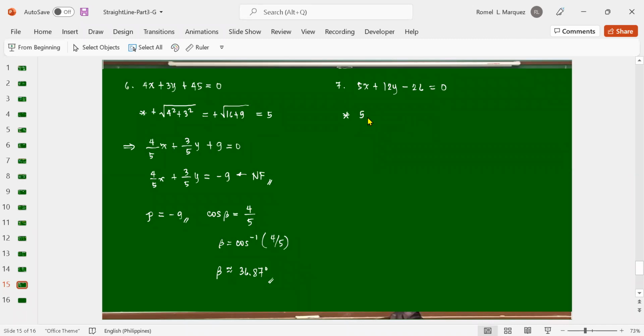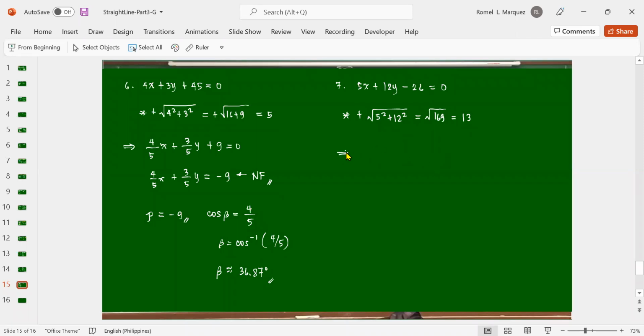So computing for the radical, we have plus because the sign of B is positive. We have 5 squared plus 12 squared is equal to 25 plus 144, square root of 169. That is positive 13.